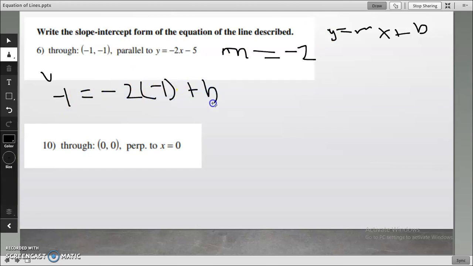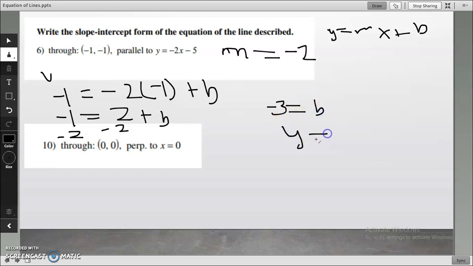And I want to find out what my b is. So that's -1 equals 2 plus b. I can subtract 2 from both sides, and I get -3 is equal to b. So my equation is y equals -2x minus 3.